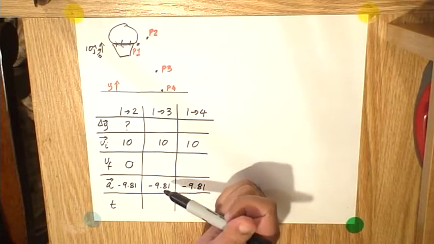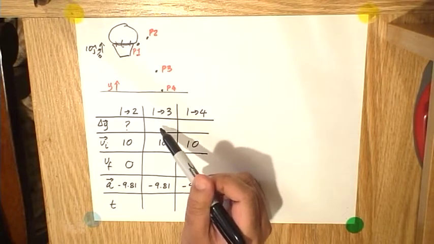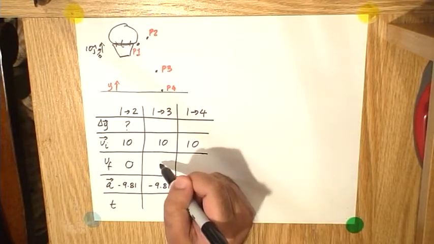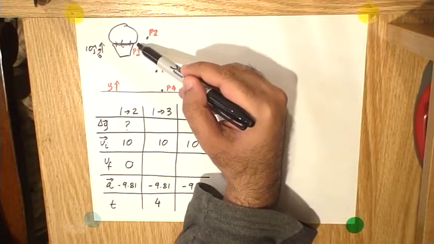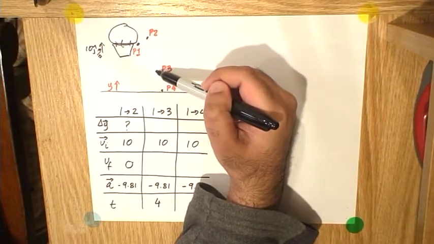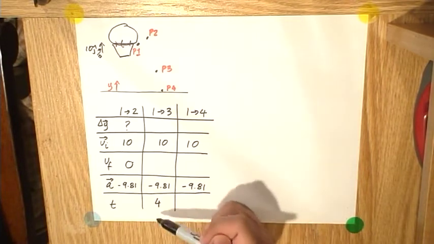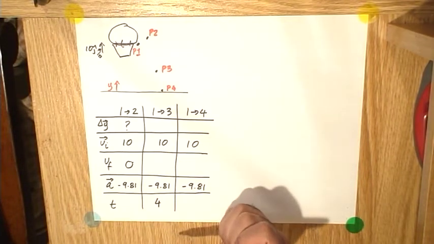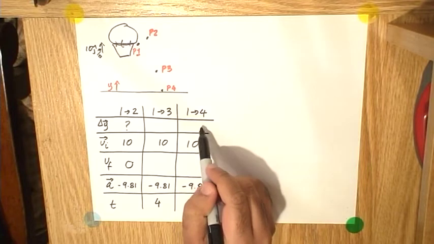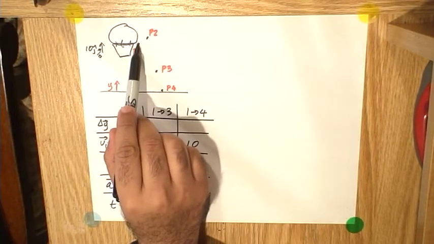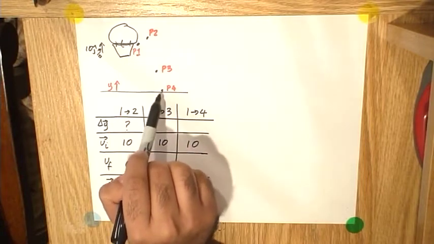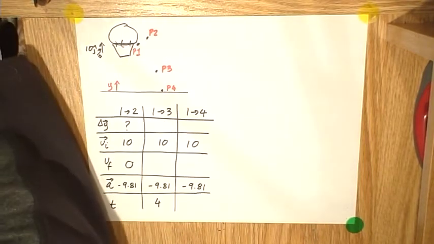From 1 to 3, we don't know the distance, or rather the displacement, we don't know the final velocity, we're looking for those two, but we are told that 4 seconds have elapsed from when it was let go to when it reaches this point. So the time is known. And finally, from 1 to 4, what we know is that the ball has started from its initial location and it's just about to strike the ground.